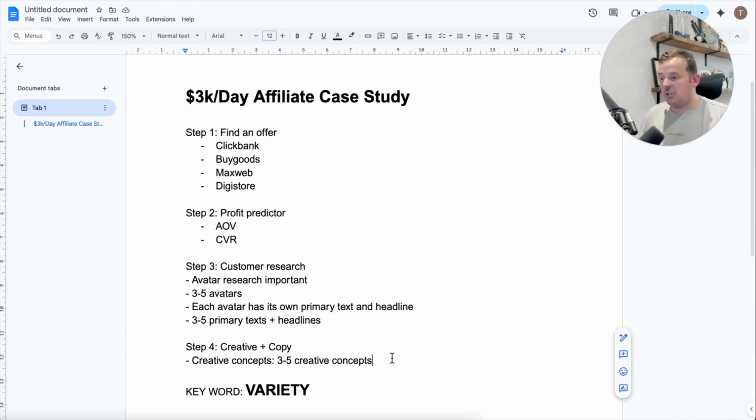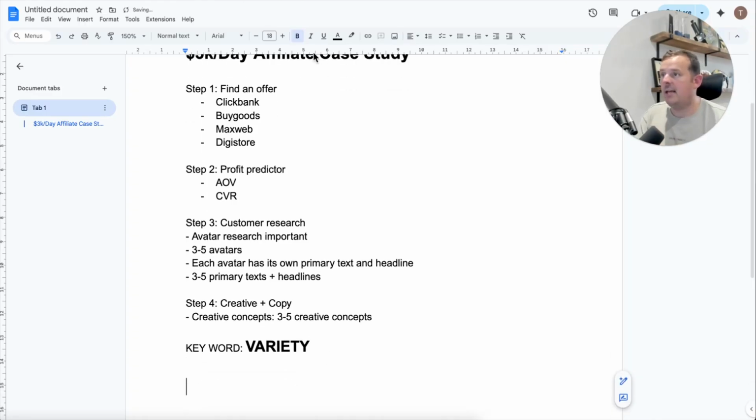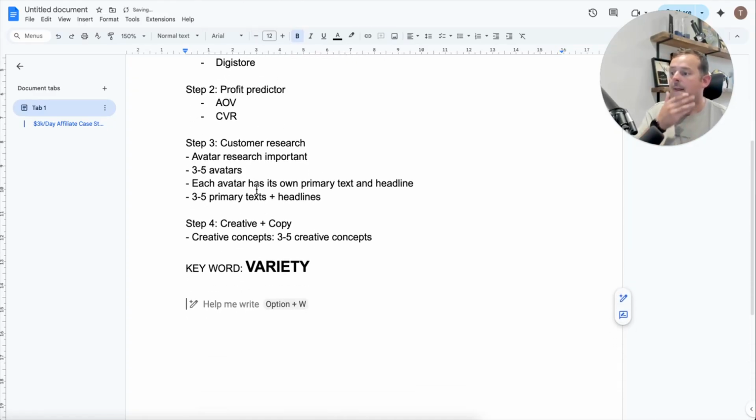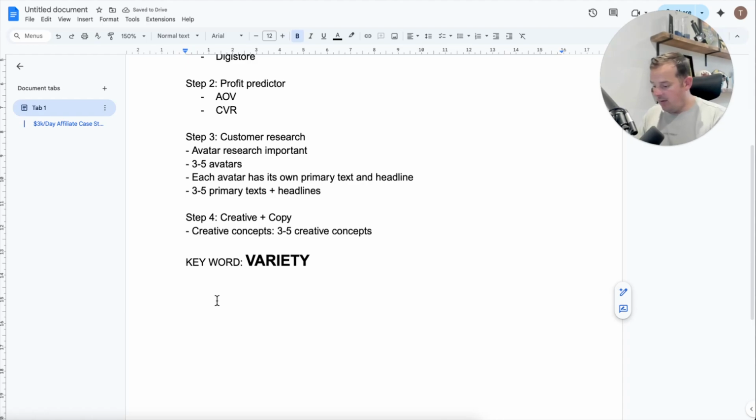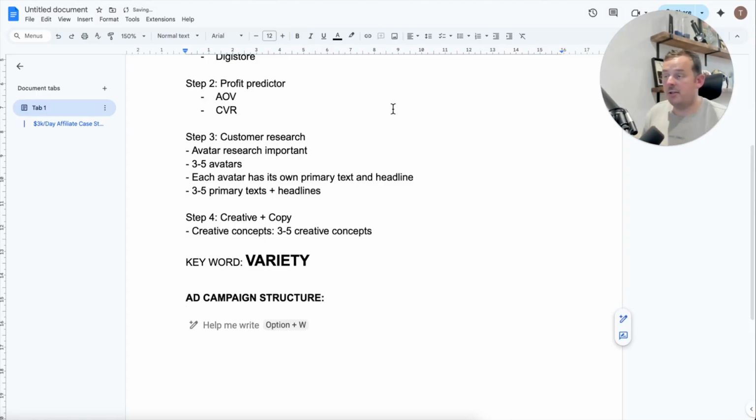So the way we'd structure the campaign, let's jump down here, but not have this big font. So our ad campaign is test, prove, and scale. I'm terrible at writing when I'm trying to concentrate, so apologies. And there's nothing new about this, by the way.